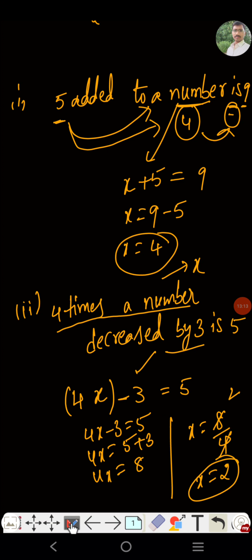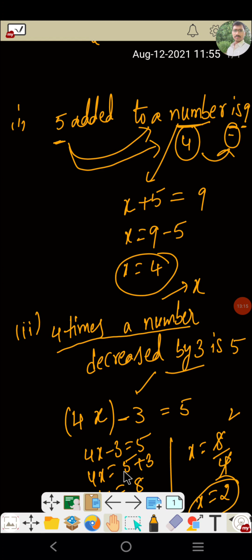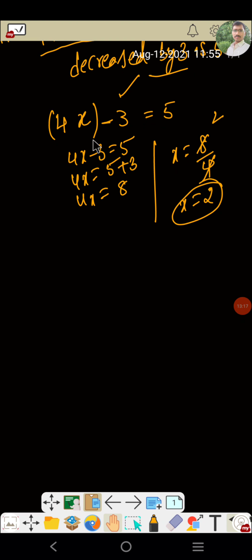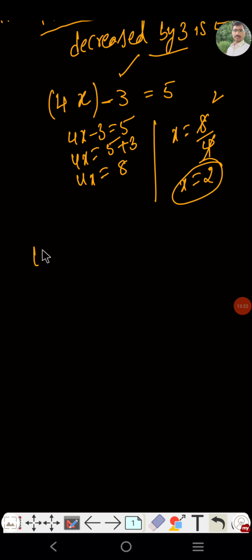Understood this one? x is equal to 2 is the solution of this equation. If it is correct or not, how can you check it? By verification, by substituting that x value. Now substitute in that. Take LHS here. What is LHS here? 4x minus 3. In that just substitute x is equal to 2.